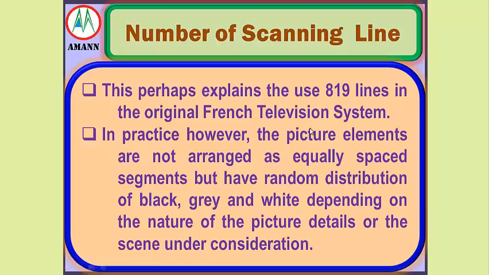In practice, however, the picture elements are not arranged as equally spaced segments but have a random distribution of black, gray, and white depending on the nature of the picture details or the scene under consideration.